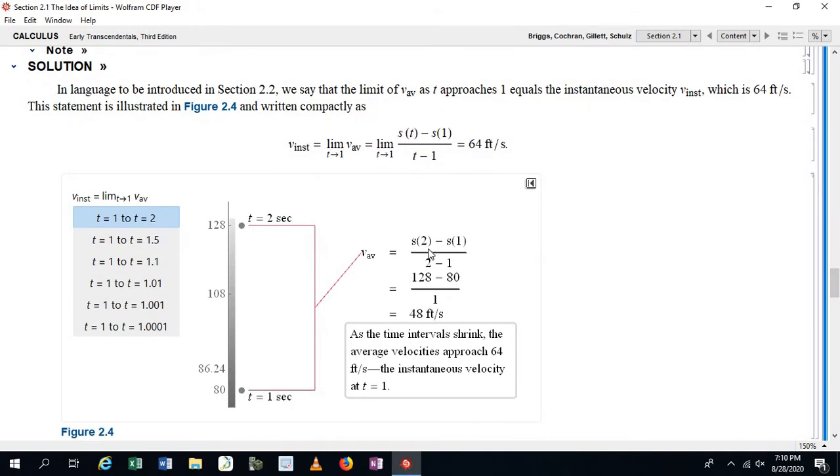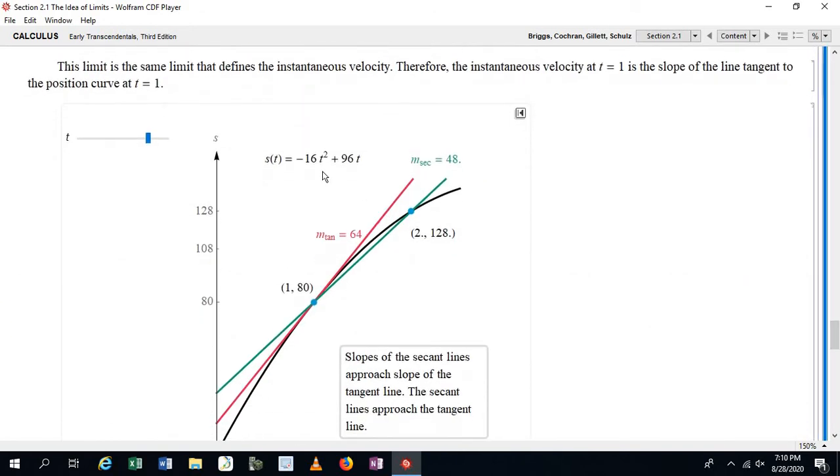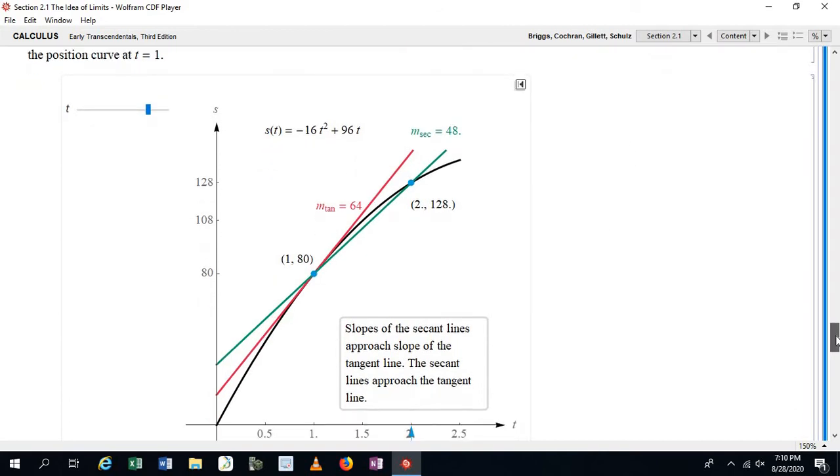Now to find that average velocity, we need to find its position at time 2 and then subtract off its position at time 1, and then divide by the time period between 2 and 1, which is 2 minus 1, 1 second. Okay, so s of 2, we would just plug a 2 into this function here. And when you plug a 2 into that function, you get 128 out, which happens to be this point on the graph of this position function.